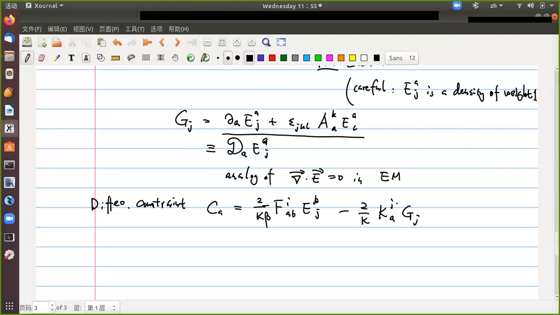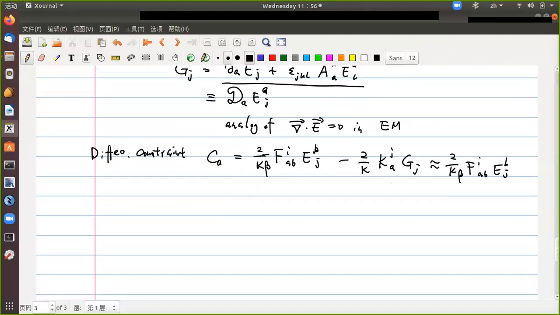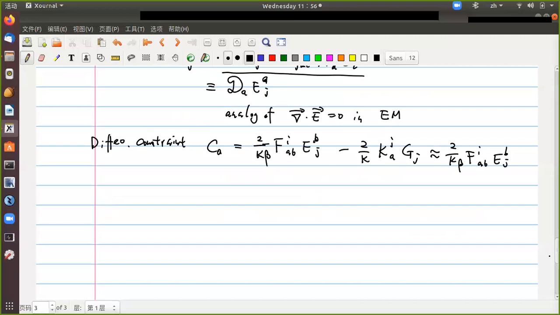Okay, so if you derive from the ADM diffeomorphism constraint, you will end up with this formula, and you can see that on the constraint surface of the Gauss constraint, because there's a term proportional to the Gauss constraint, this just equals 2 divided by kappa beta F^j_ab E^b_j. All right, so this is the diffeomorphism constraint.